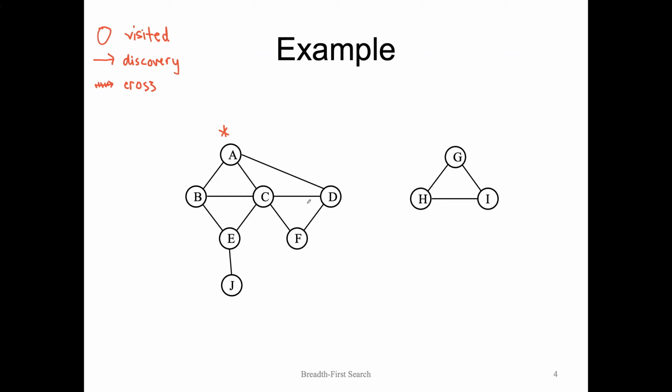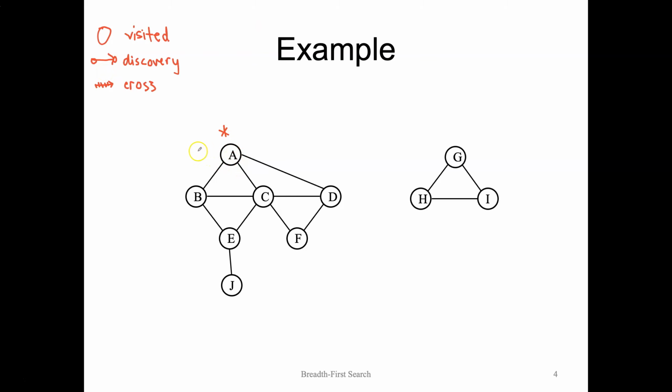We just give a direction to indicate how we had traversed it. So this discovery edge is directed because we had discovered this destination vertex by starting from this origin vertex. Okay, so let's say we start at vertex A and we begin our breadth first search with A.